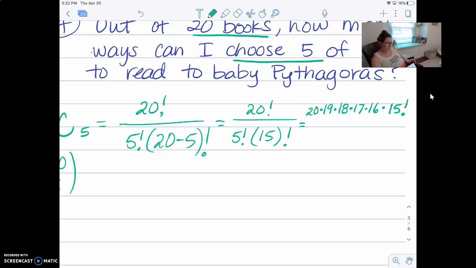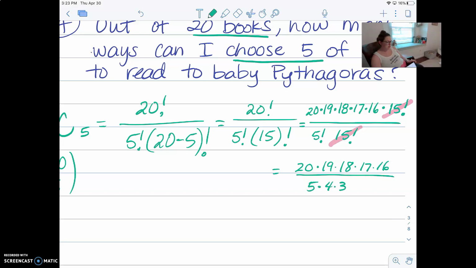When I write the denominator, 5 factorial, don't I also have this 15 factorial here? That means those two can cancel each other out. Interesting. So I'm left with 20 times 19 times 18 times 17 times 16. And then 5 factorial is written as 5 times 4 times 3 times 2 times 1. You don't really need to write the 1, but you can.